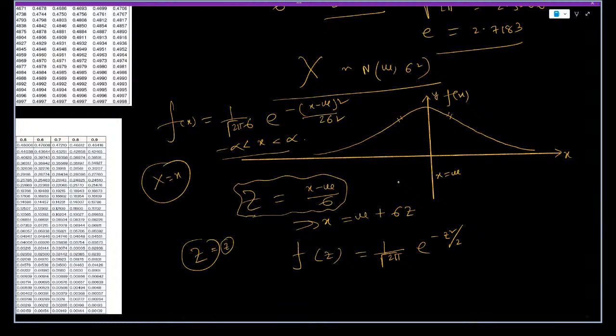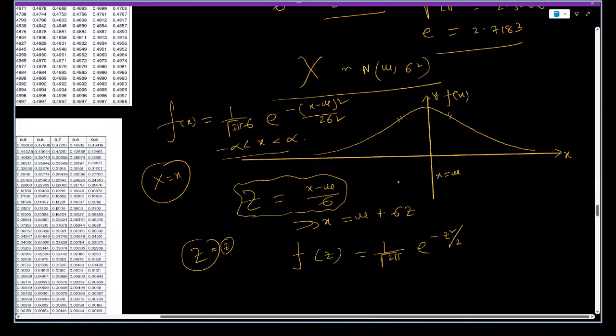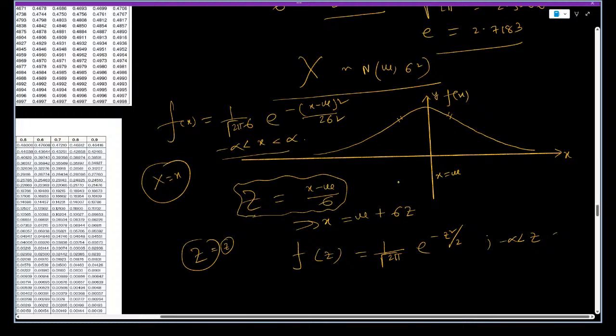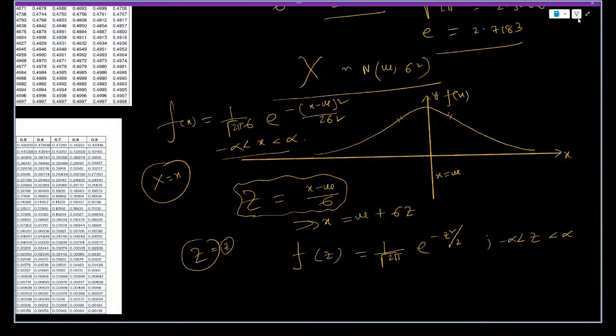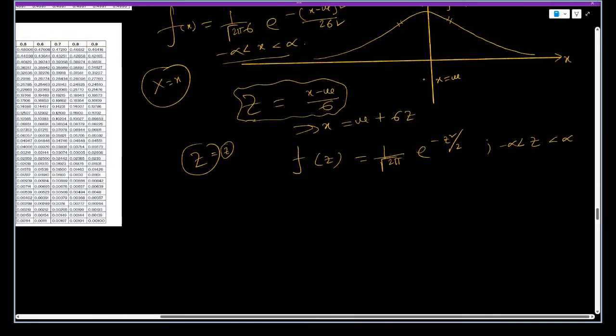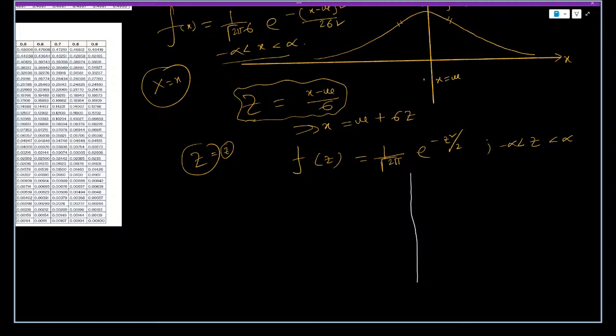We are taking that. So f(z) equals 1 by root 2 pi e to the power minus z square by 2, and this z has variable value. This is also lying between minus infinity to infinity. Clear? Understand? So this bell-shaped curve, if you plot it, then this is going to be like this.